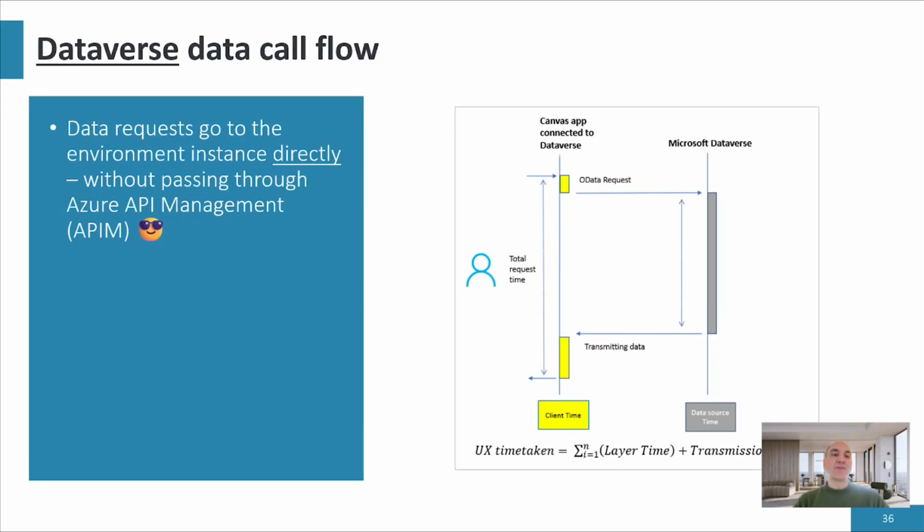However, if we choose Dataverse, we've got a direct connection because it's part of the Power Platform. The really cool thing with this is it's the fastest connection to any data source that we could have with a Canvas app. So that should mean that it's the winner, right? While it is the fastest connection to get to the data, so much depends on what we are doing with that data. How do we filter it before we return it to the app?